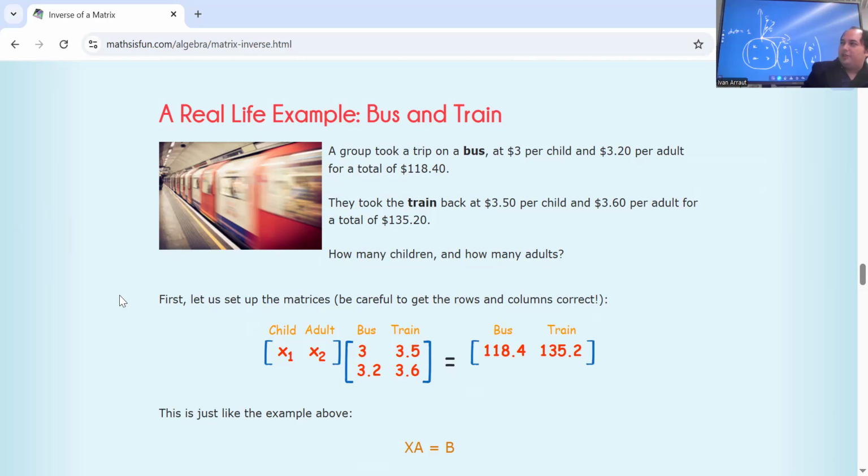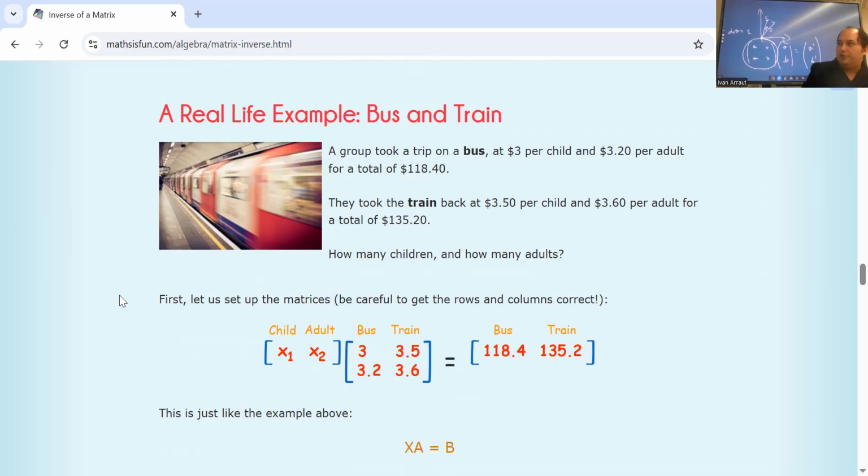Okay. Then you can create this product of matrices. By bus, it was $3 per child, 3.20 per adult. Each column has a label, child, adult. For coming back, 3.5 per child, 3.6 per adult.